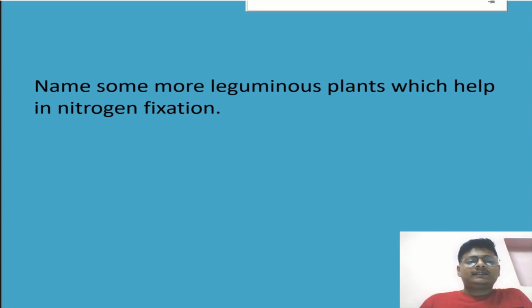And one more thing: nitrogen is fixed from the atmosphere to the soil through the root nodules by the bacterium called Rhizobium. This process is known as nitrogen fixation. The answer will be plants like pea plants, and every kind of pulses plant will come under this, which helps in nitrogen fixation.